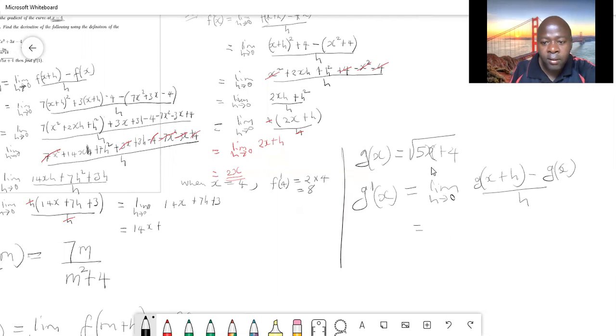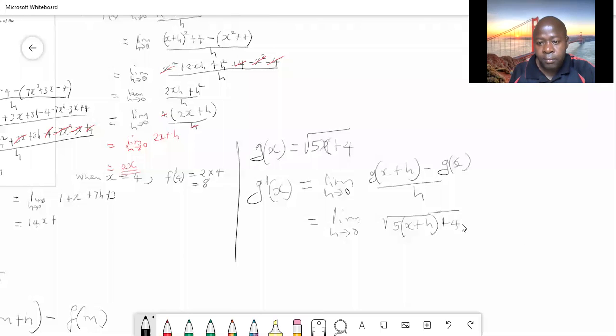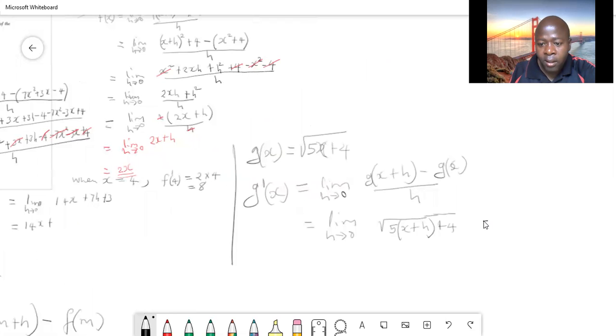So substituting in our equation there, we would have the limit as h tends to 0 of the square root of 5x plus h plus 4, under this square root, and then minus g of x, which is the square root of 5x plus 4, over h.